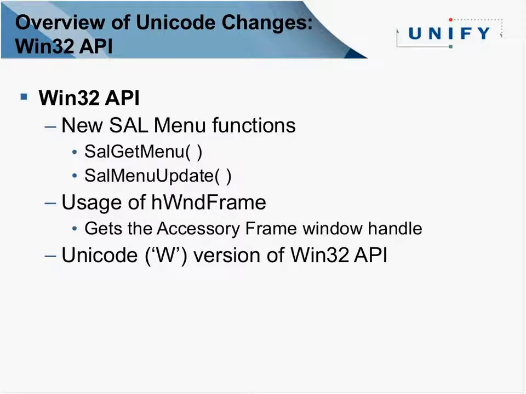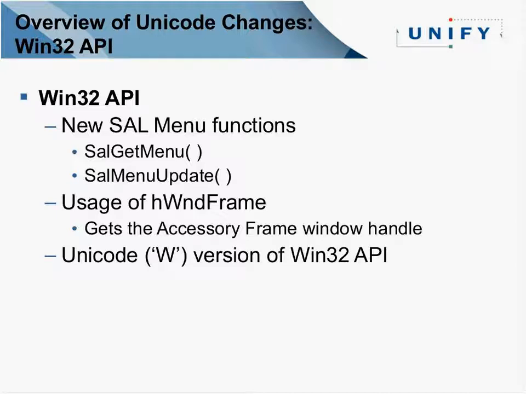Overview of Unicode changes related to Windows 32 APIs. I talked a little bit about this before. I said that it's best, not mandatory, but best that you use the Unicode version of the Windows 32 API calls provided by Microsoft if you're calling them from TD.